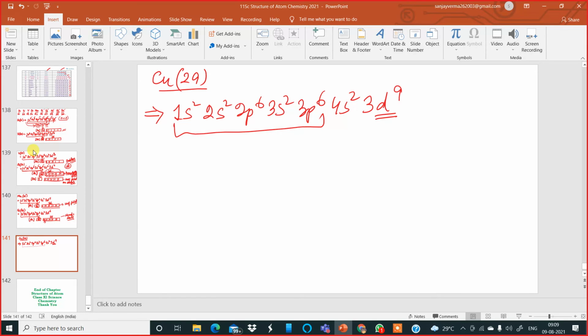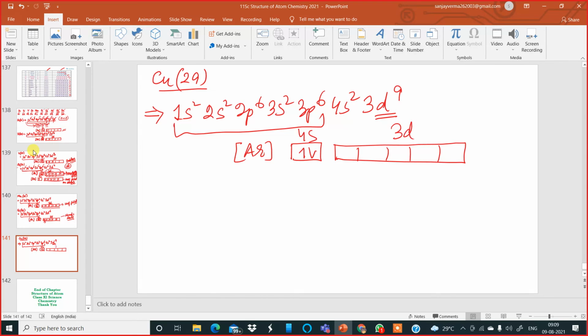Till here it is argon, 18 electrons, and then there is the 4s orbital containing 2 electrons and the 3d subshell containing 9 electrons: 1, 2, 3, 4, 5, 6, 7, 8, 9. Now the last d orbital contains 1 electron only, which is making this what?